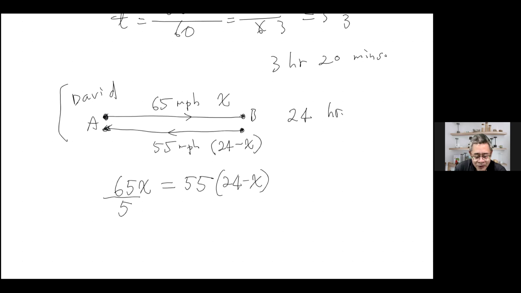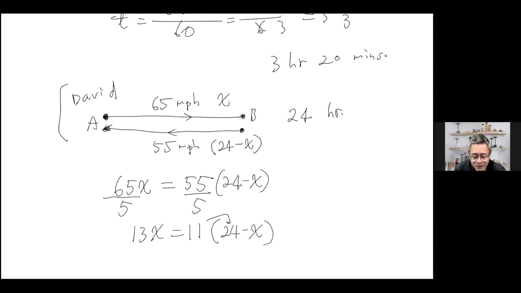Because it's an equation, we can add, subtract, multiply, divide, in whichever way we want. But of course, we have to know the reason we do that is trying to find X. Okay, so we got 13X equals 11 times 24 minus X. So now we're going to distribute that.